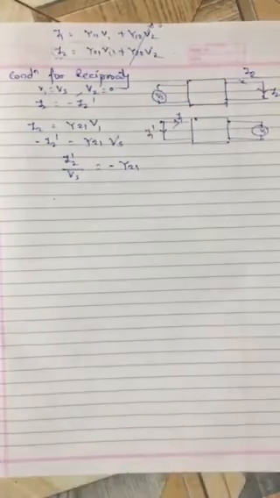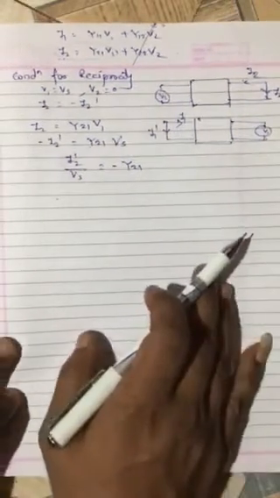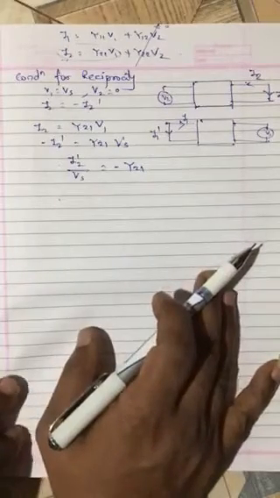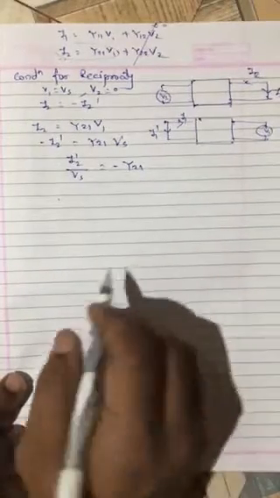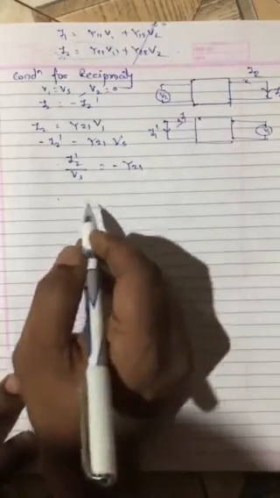Now listen carefully, because for next parameter I will try to explain one more parameter, and for last parameter you have to find out the condition for reciprocity and symmetry. Okay, if you have any doubt you can ask, but the procedure is exactly similar for all the parameters. Okay, so it is repetition of work.